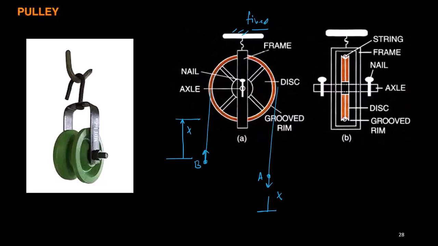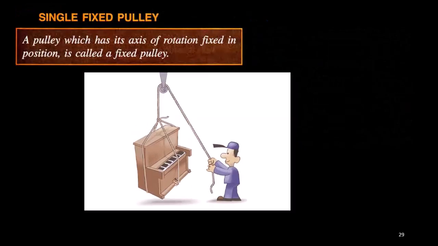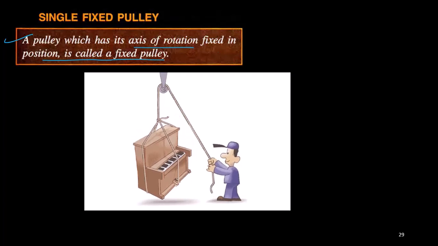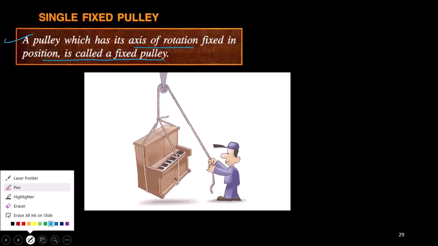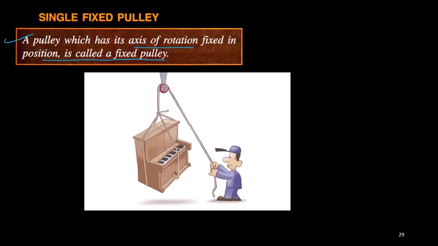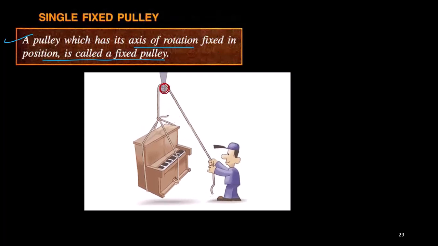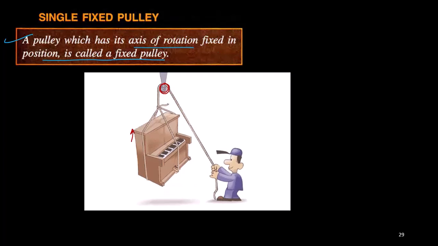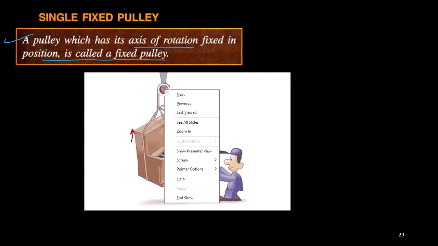Understood? So single fixed pulley: a pulley which has its own axis of rotation fixed in position is called a fixed pulley. So here, this is the fixed pulley. Whatever force you apply on the string, the load is being lifted up, but there is no change in the position of the pulley.